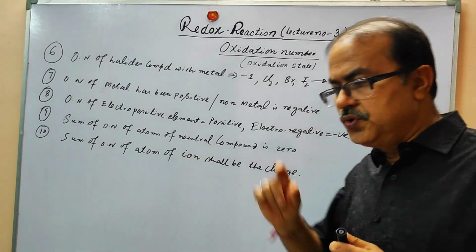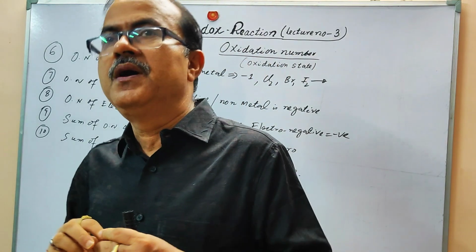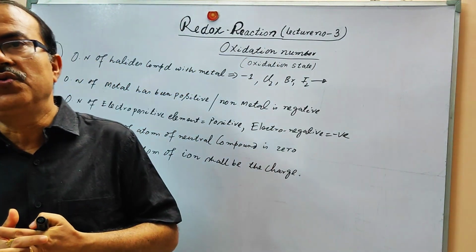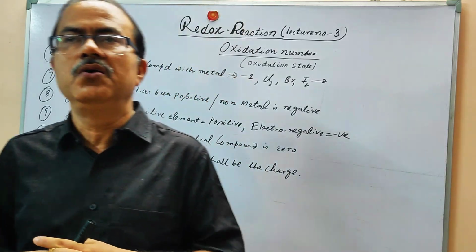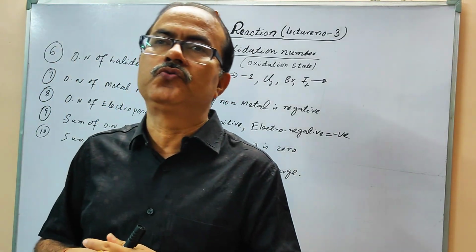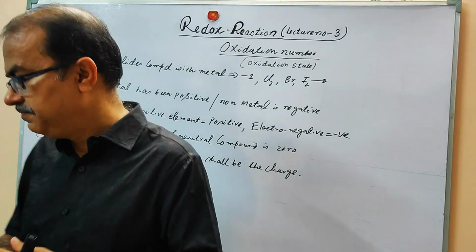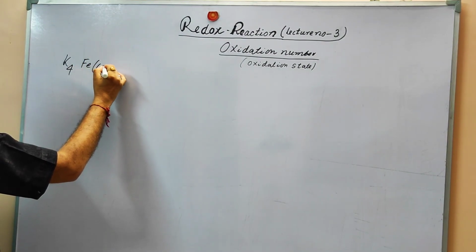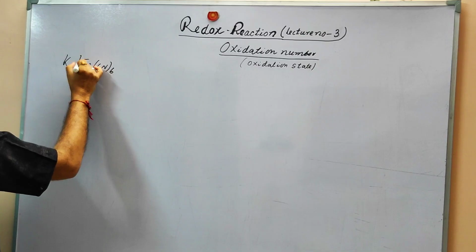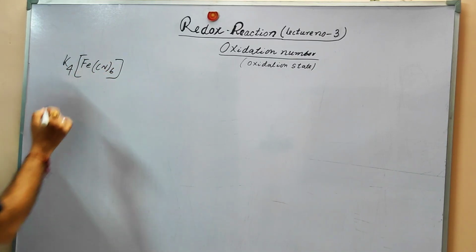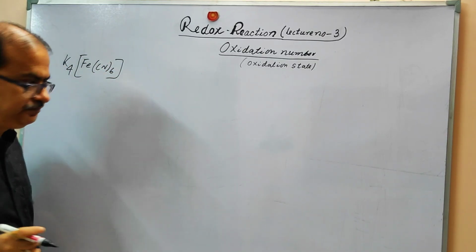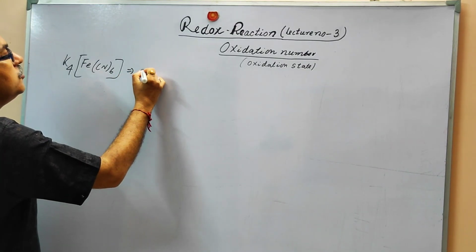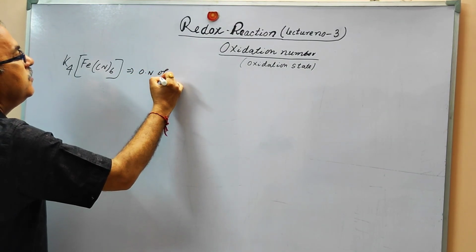Now we will do some exercises. For a practical example, how are we able to assign the oxidation number to any compound or ion? This is a complex compound and you have to find the oxidation number of Fe.